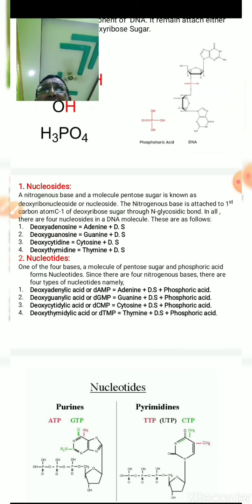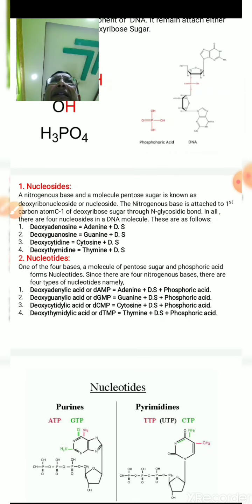So there are 4 types of nucleotides: deoxyadenylic acid or DAMP, adenine, deoxyribose sugar and phosphoric acid; deoxyguanylic acid or DGMP, guanine plus deoxyribose sugar plus phosphoric acid; deoxycytidylic acid or DCMP, cytosine plus deoxyribose sugar plus phosphoric acid; and deoxythymidylic acid or DTMP, thymine, deoxyribose sugar and phosphoric acid. The difference between nucleoside and nucleotide is clearly shown here.